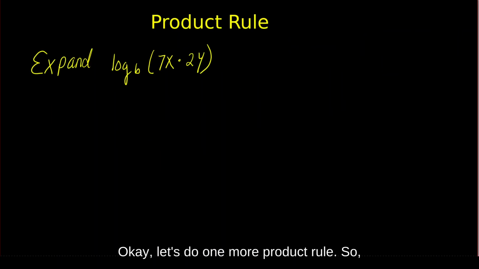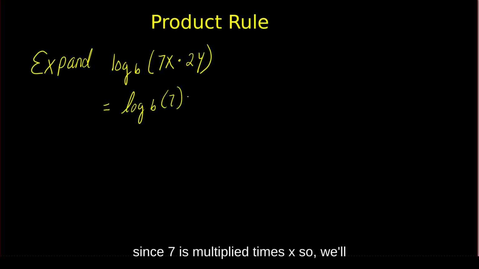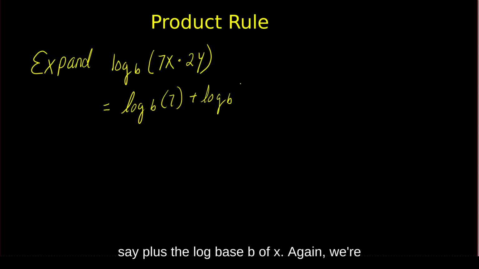Okay, let's do one more product rule. So let's expand log base b of 7x times 2y. We're going to take log base b of 7. Since 7 is multiplied times x, we'll say plus the log base b of x.